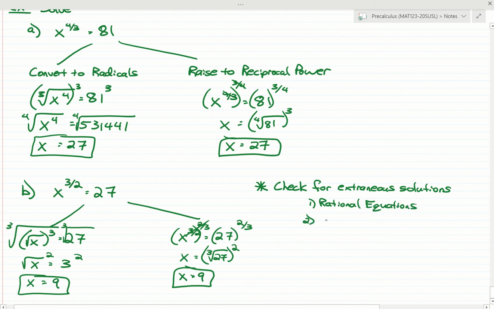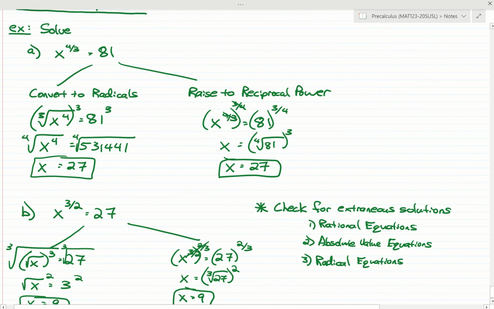Another time this happens is with absolute value equations. And then a third type is with radical equations, because it's possible once in a while you could wind up with taking the square root of a negative or getting a square root is equal to a negative number.